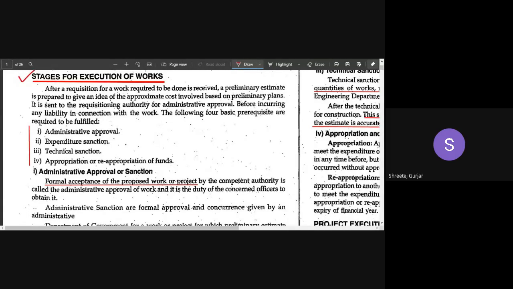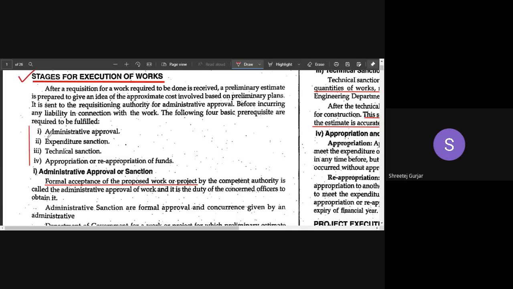So what you do is prepare the plan: how it has to be built, what the details are. You prepare all the details, and you go to the higher authority for approval. There will always be one boss, one higher authority above you, and that person or authority has to approve this particular amount for this particular work.